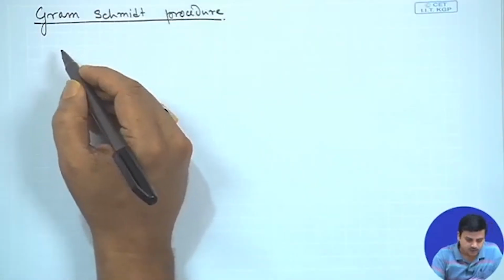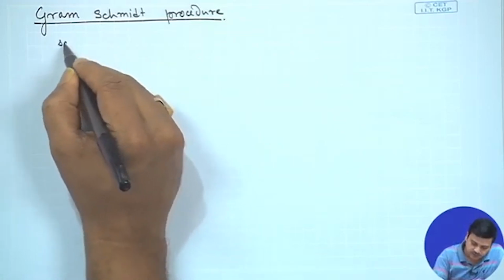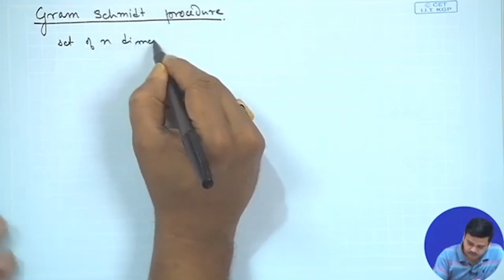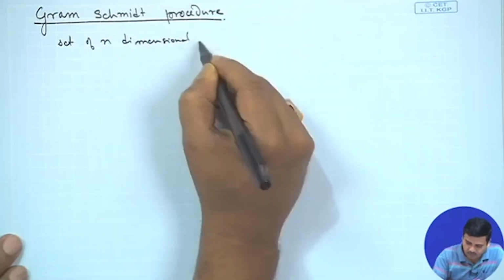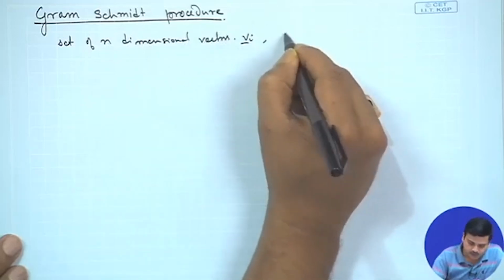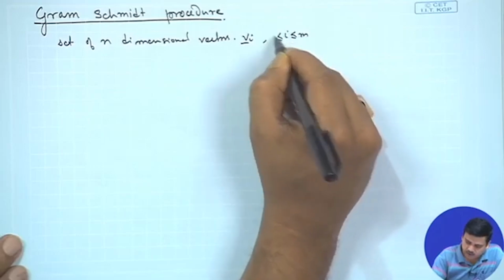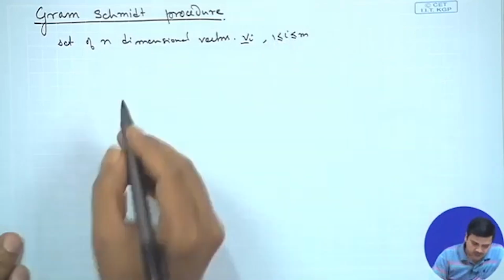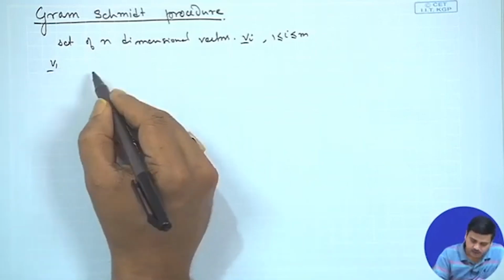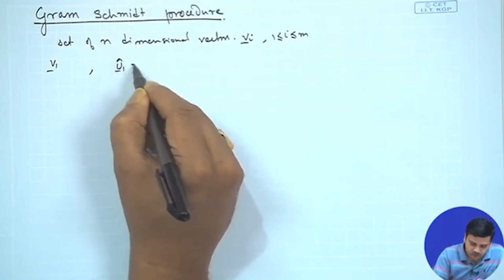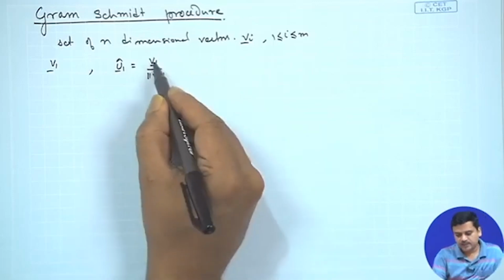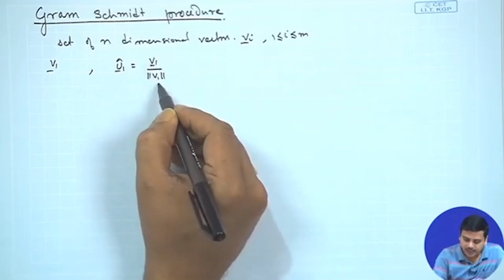So, suppose you have a set of n dimensional vectors, vi, for i from 1 to m. You start by selecting an arbitrary vector v1, and you would make u1 as a vector in this form, that is vector v1 divided by the length of the vector.